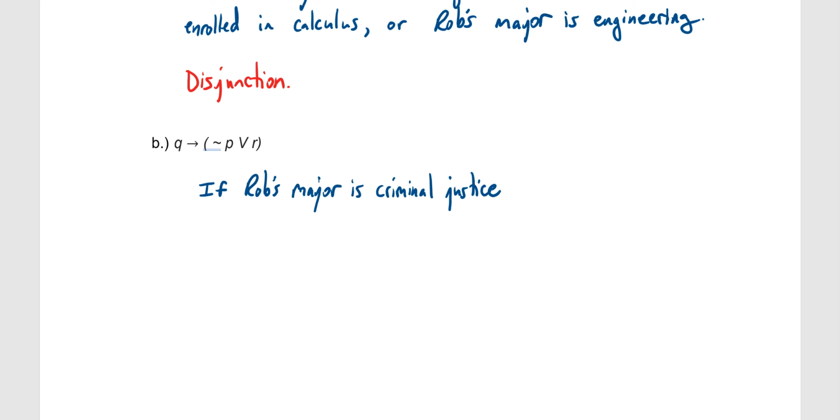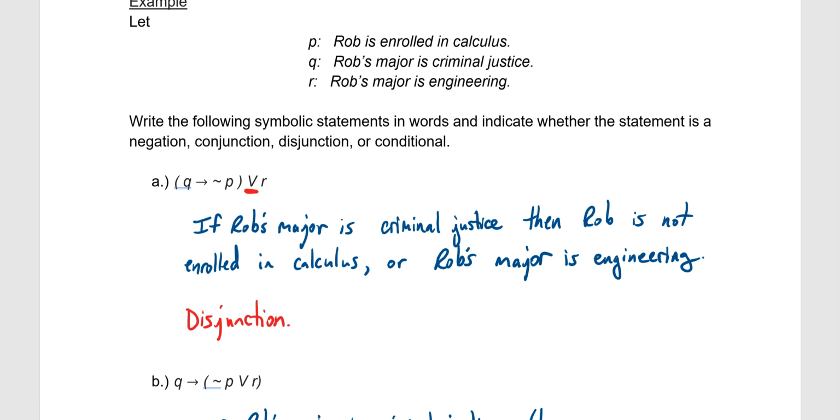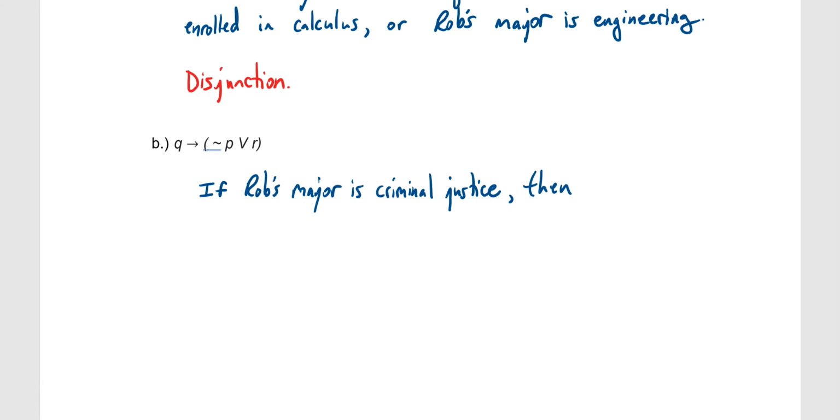So then we have to notice that everything after that is in parentheses, so we need a comma. So if Rob's major is in criminal justice, comma, then, so it's going to be a disjunction starting with the negation of P. So the negation of P would be Rob is not enrolled in calculus.